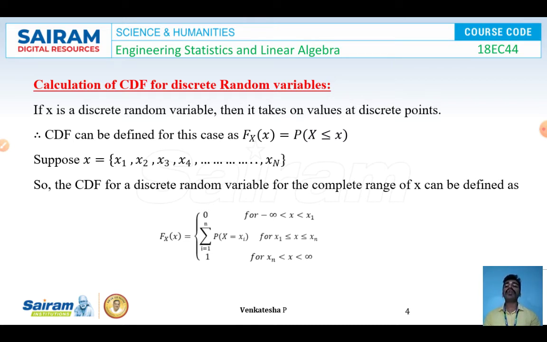F of x is equal to 0 for the range minus infinity less than x less than x1, it is equal to the summation i from 1 to n of P of X equal to xi for x1 less than or equal to x less than or equal to xn, and it is equal to 1 for xn less than x less than infinity. This formula we will be using to calculate the CDF in the case of discrete random variables.